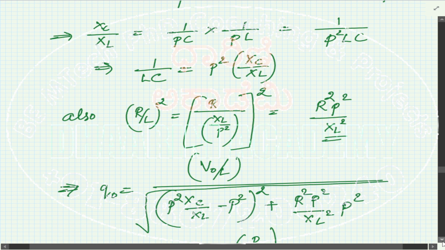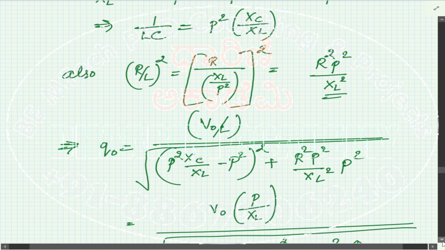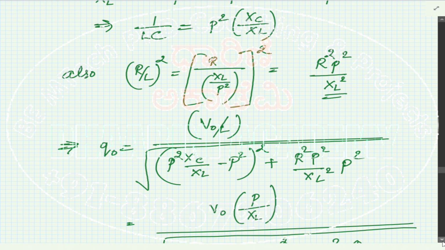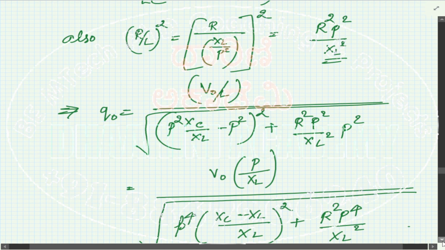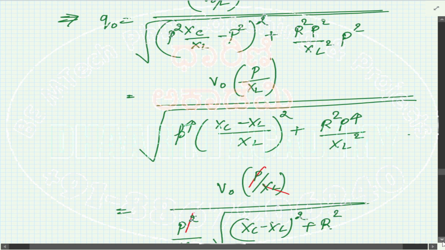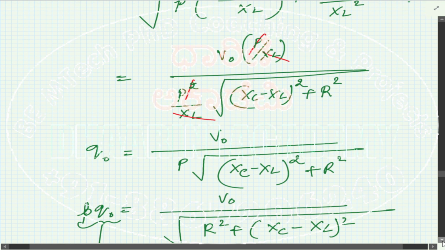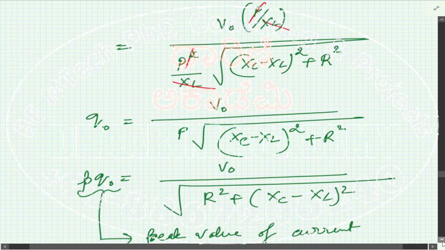So LC means take P square to the other side, XC by XL. We already know R by L whole square, and L can be written as XL by P. Obtain these values and substitute in the Q naught value and you get the equation like this. So V naught divided by P times this value.